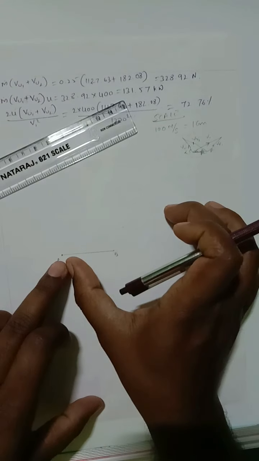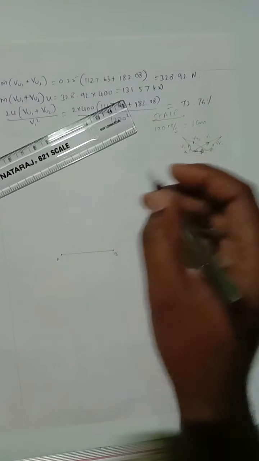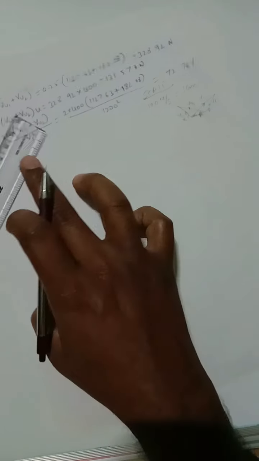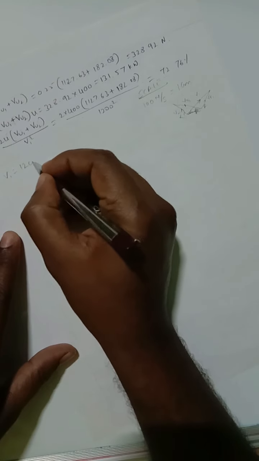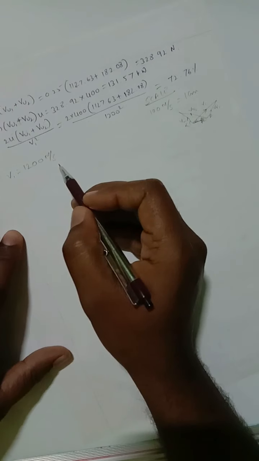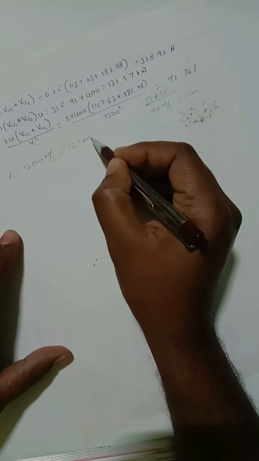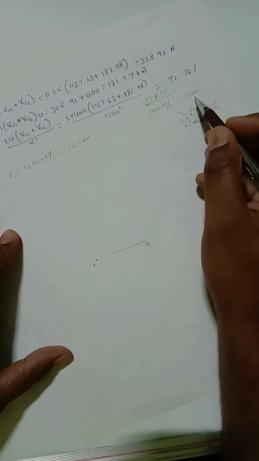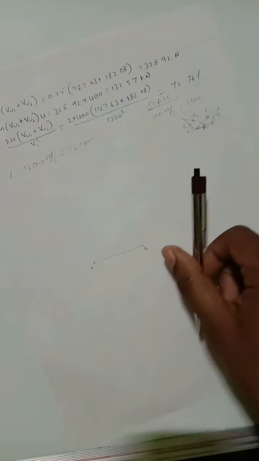Okay, I have drawn a very thin line. Now what is the velocity given? V1. How much is it given? V1 is 1200 meters per second. If I have to convert this to the scale, it will be 12 centimeter, because 100 meters per second is 1 centimeter. So 1200 is 12 centimeter.